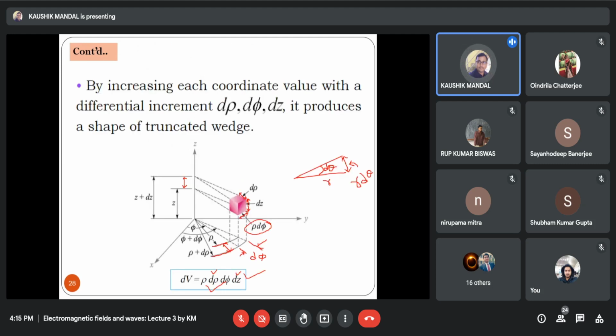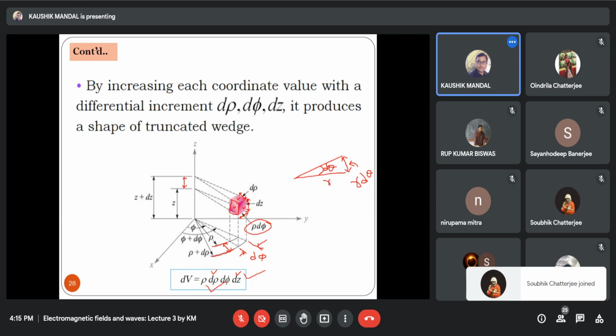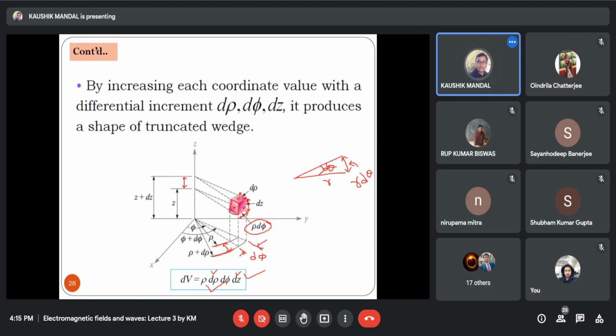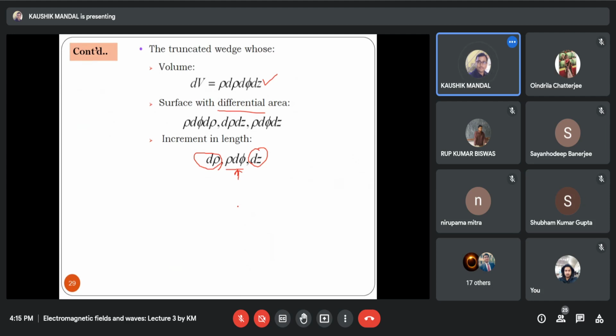you can find out the corresponding surface area along this x. This is one surface. This is another surface. This is another surface. So what will be the surface area of this particular one? It is d rho into dz, along the phi axis.